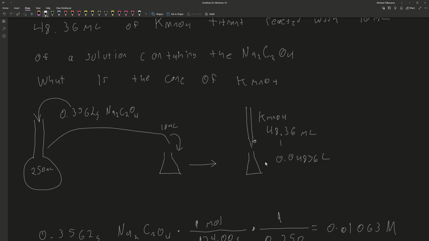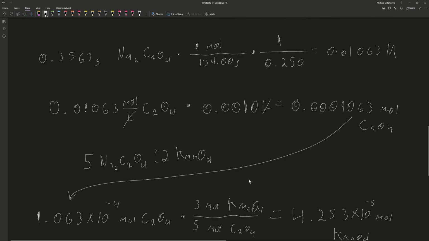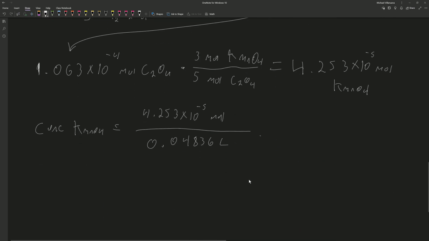So we need to convert that to liters. So this is the final part. We just punched that into our calculator, and we should get 8.794 times 10 to the negative fourth molar of KMnO4. So at this point, we have the concentration of our standard solution.